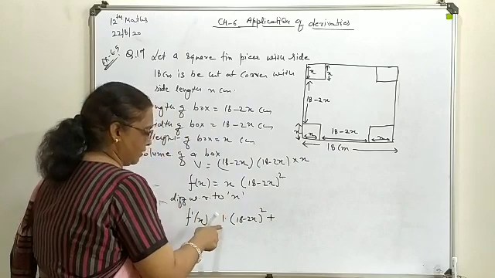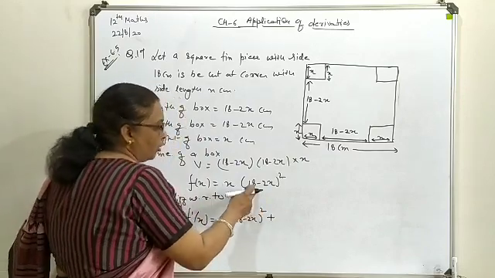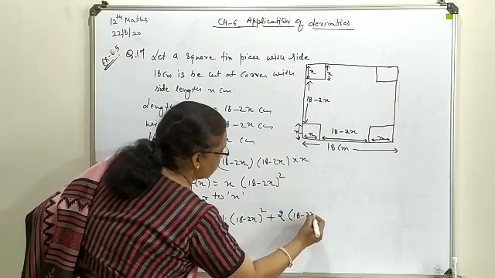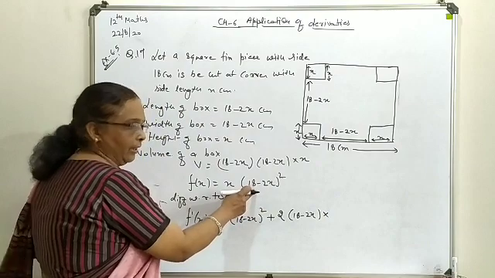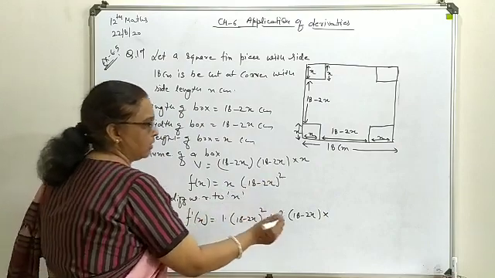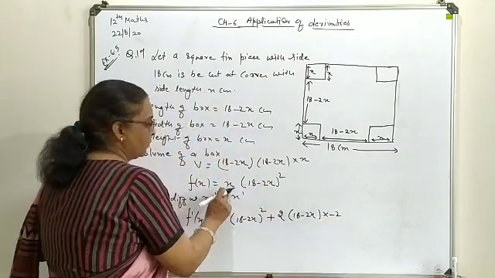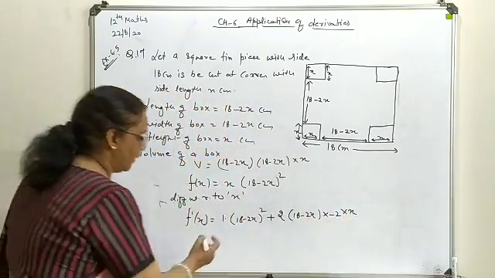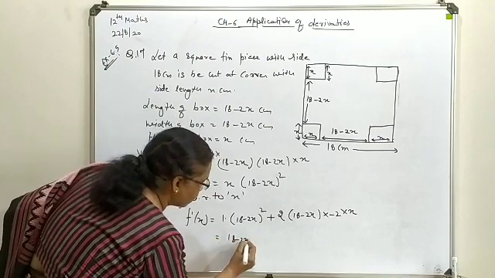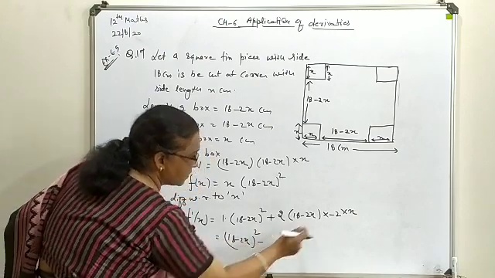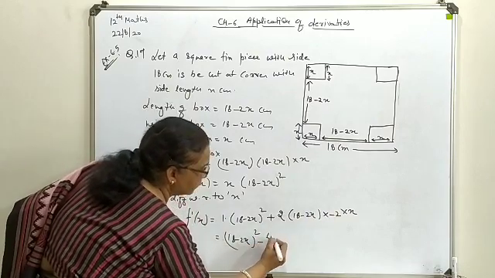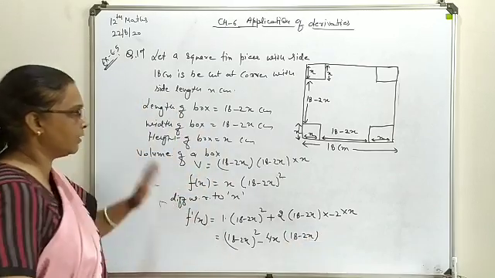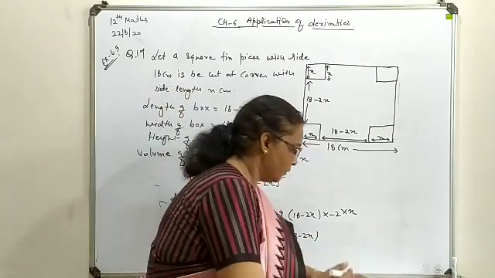Now differentiate the square form, which gives 2 into 18 minus 2x, into the derivative of the inside, minus 2, and this x you write at the last. Combined, this gives 18 minus 2x whole square minus 4x into 18 minus 2x. Now it is to be solved further for x.